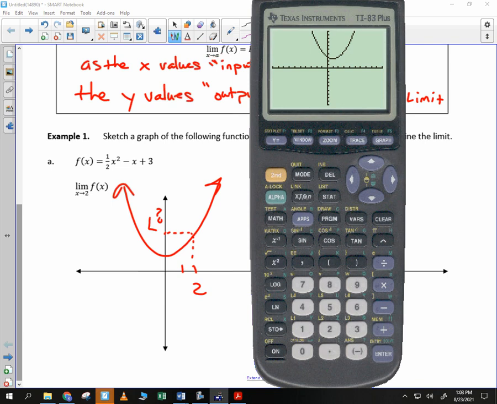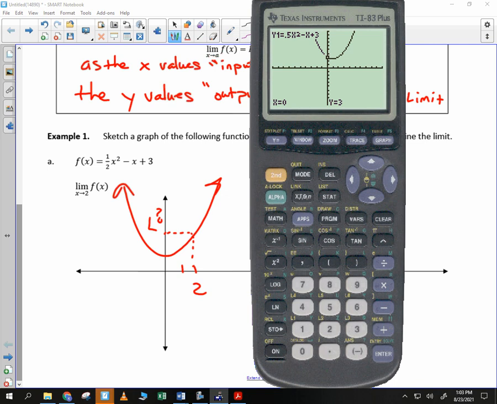Okay? So here's some operations on your calculator. I'm trying to think of all the operations because last year we didn't do a calculator review. We're going to try to build in those calculator options for you. The first thing we're going to do is press trace. And as you trace, you can see x values and y values. What is the x value that I'm moving towards? 2. Very good.